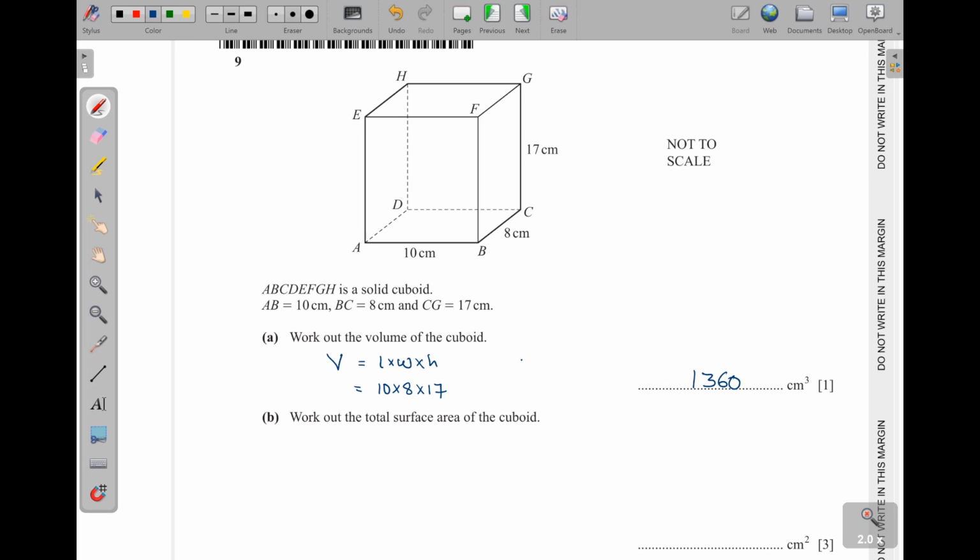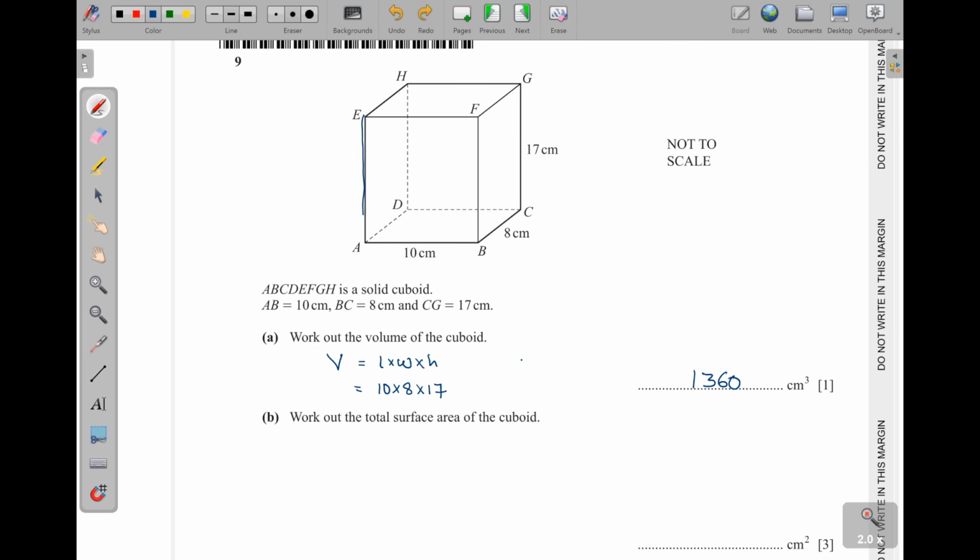The surface area is the sum of all the areas of the faces on that given shape. So this part here is the same as this side, so those are 2.